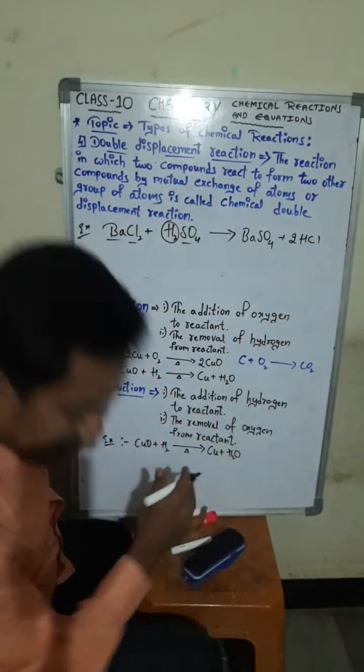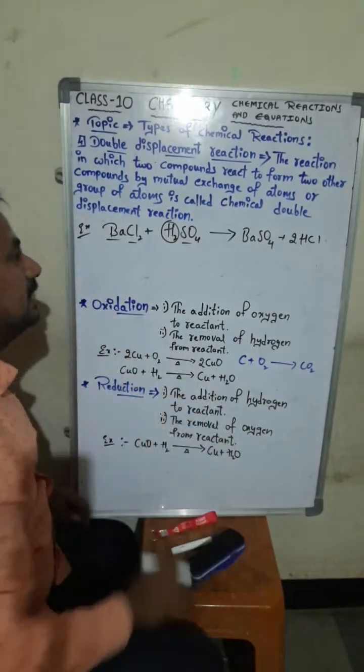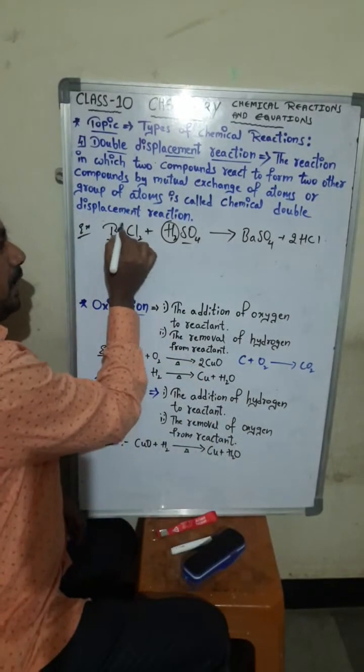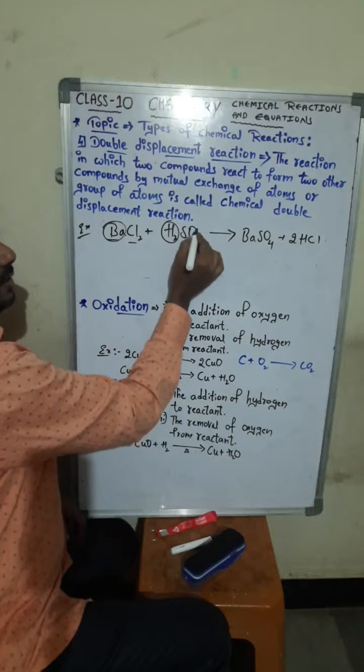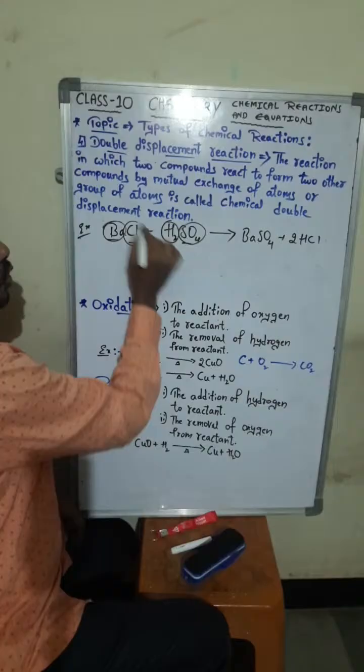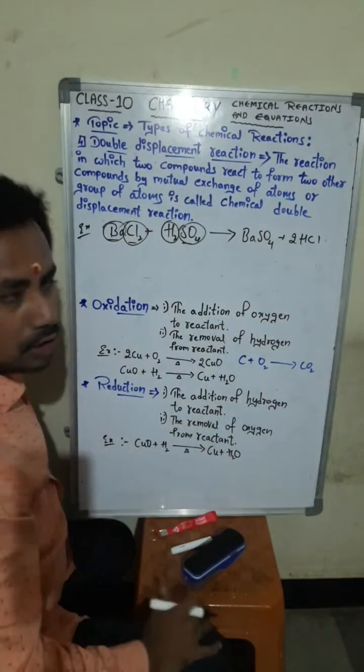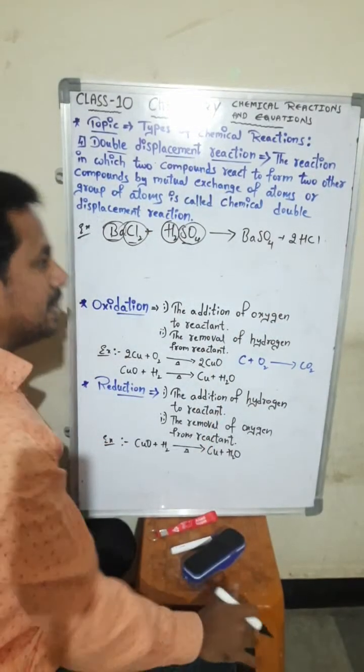Hydrochloric acid is formed. Yes, correct. Barium combined with sulfate to form barium sulfate, and chlorine combined with hydrogen to form hydrogen chloride, or hydrochloric acid.